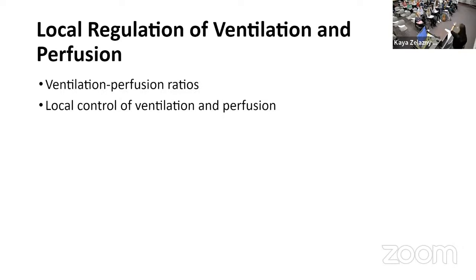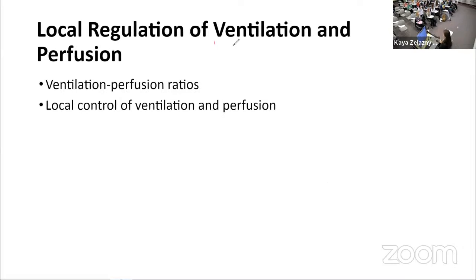But in order to have gas entering the bloodstream and then going around your systemic circulation, you also need to have blood flow to those capillaries that are neighboring the alveoli. So ventilation is movement of air. Perfusion is that movement of blood, essentially. So when we say that we have a ventilation-perfusion ratio, we're saying that we want to match our breathing to our blood flow, essentially.